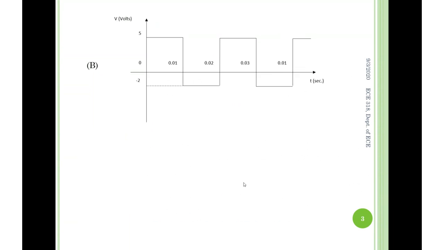We move on to signal B, and in the last lecture we also got a conclusion. It's shifted AC. If you're looking for the average value, it equals 1.5 volts. How do we find the average value here? Can anyone have any idea how to find the average value of this signal B? I'm telling you the result is 1.5 volts, but how do we get there? Anyone know?